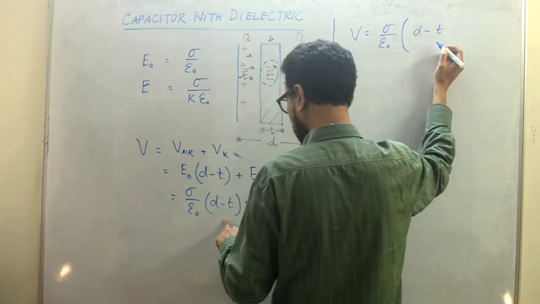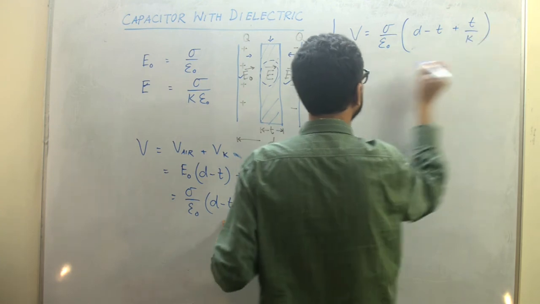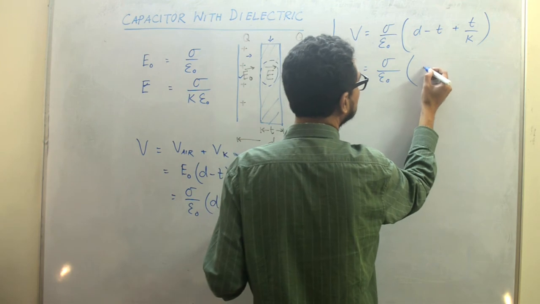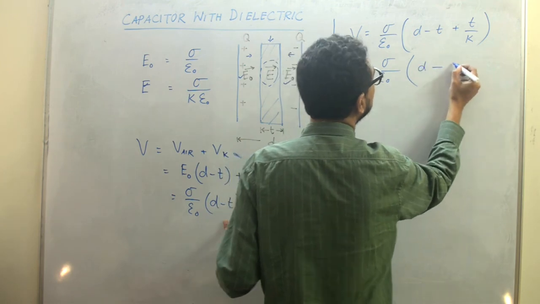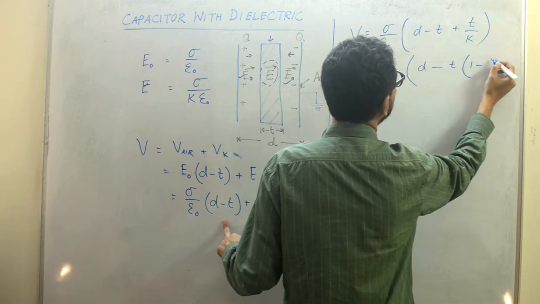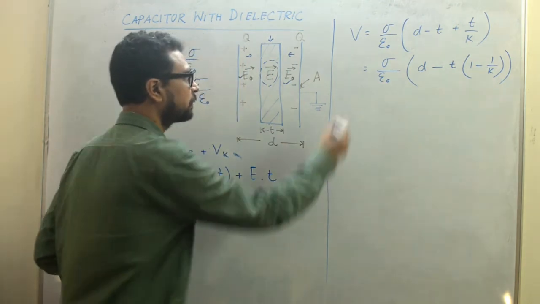D minus T plus T by K. Here again we can arrange it in a better way, which is to take T common: D minus T times 1 minus 1 by K. This is the expression we are getting for potential.